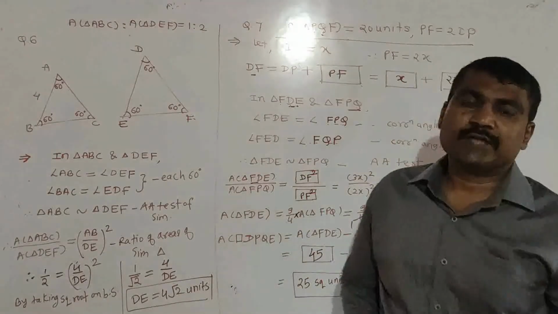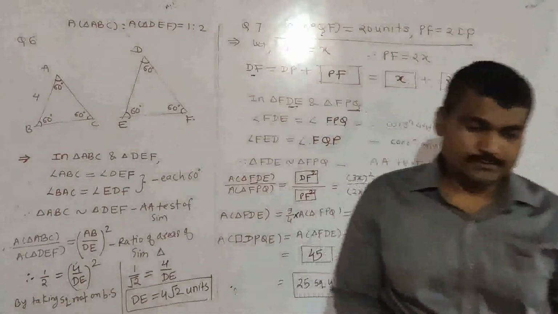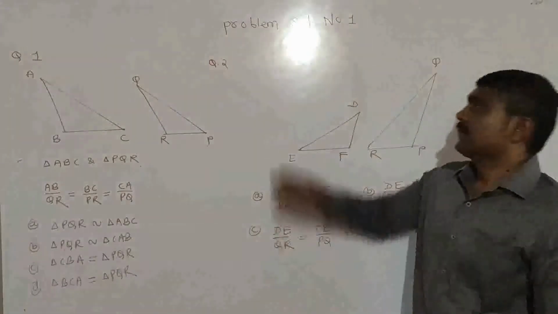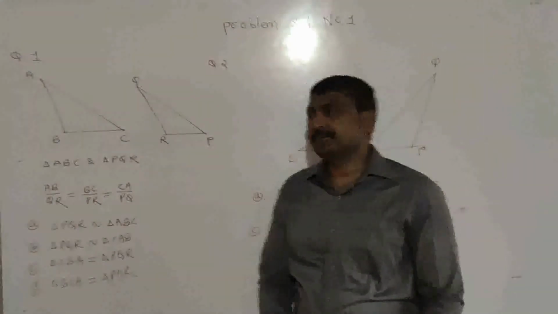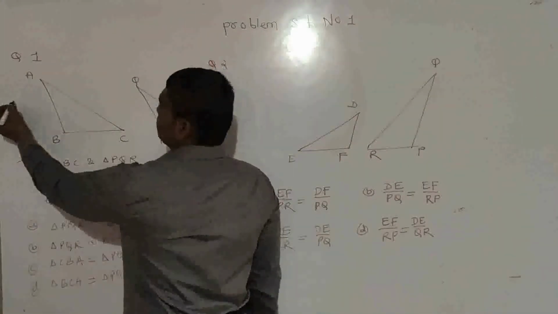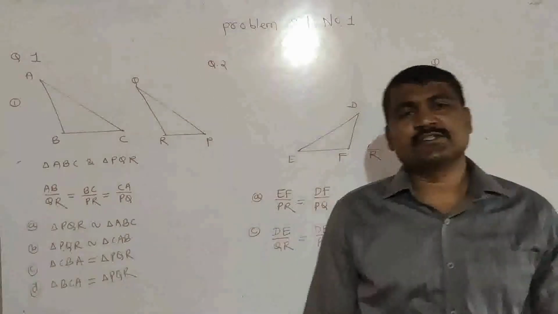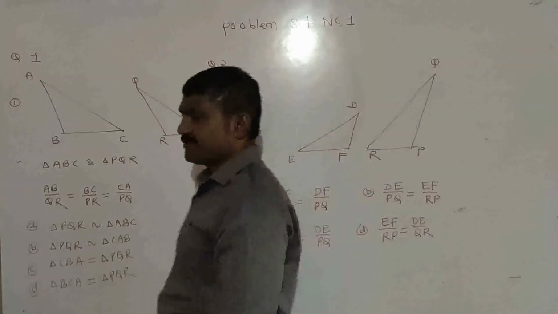Now I am starting the practice set of the given chapter. Now I am starting problem set number 1. Question number 1 in problem set. Some MCQs, multiple choice questions are given there. We have to choose the correct option.